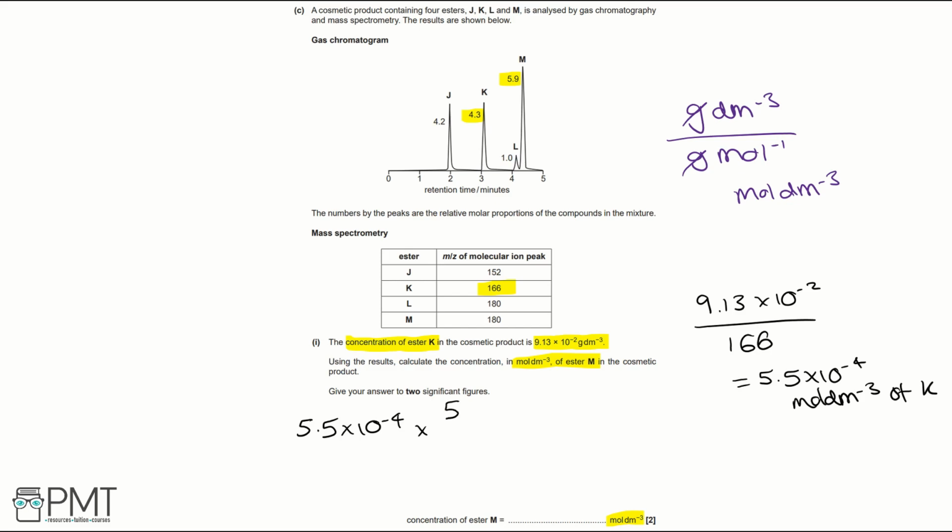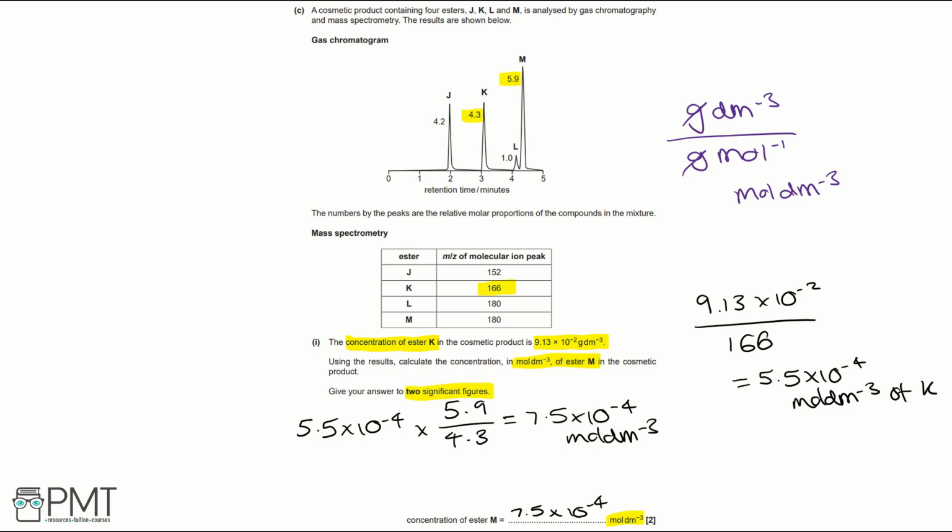So we can do 5.9 divided by 4.3, and that equals 7.5 times 10 to the negative 4 moles per decimeter cubed. And we want our answer to two significant figures, which it is at the moment, so that's great. So we can put 7.5 times 10 to the negative 4 as our final answer.